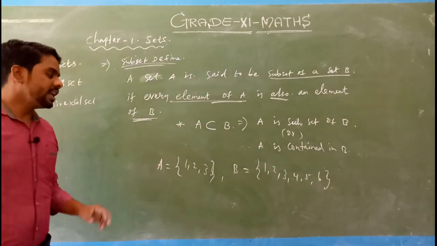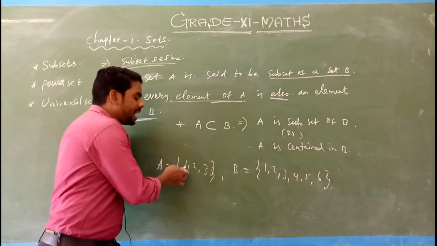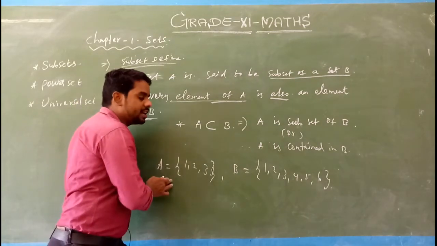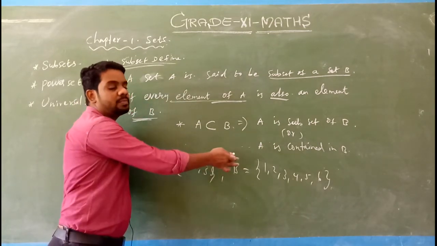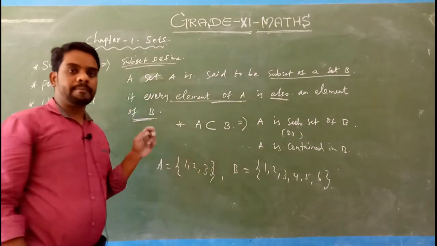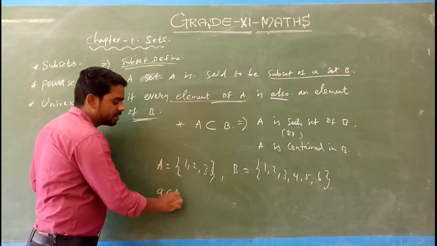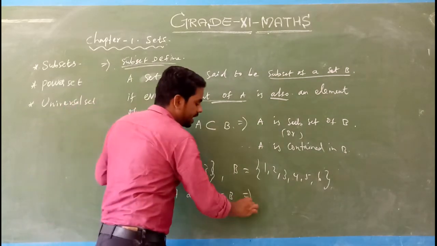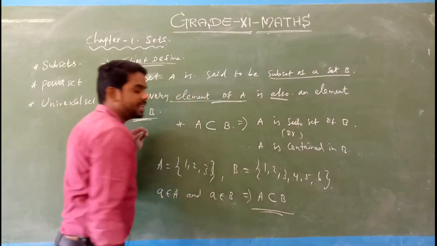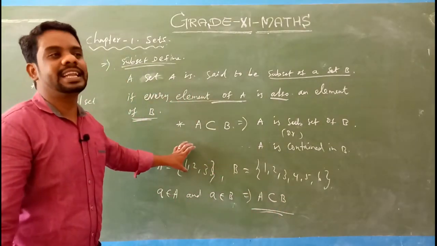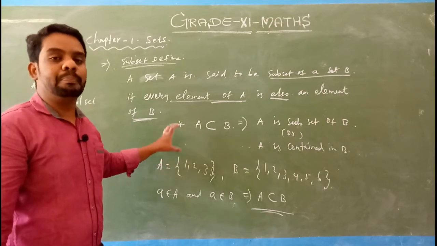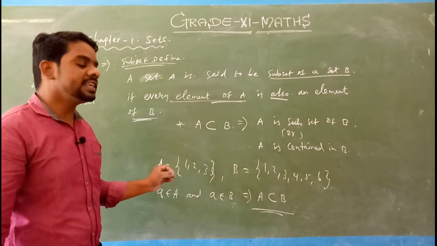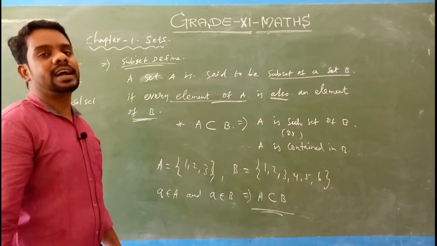So let's illustrate. Here, every element of A, which has 1, 2, 3, belongs to the set B. So 1 belongs to A, and 1 also belongs to B. 2 belongs to A, 2 also belongs to B. 3 belongs to A, and 3 also belongs to B. Each and every element of A belongs to B, which implies A is a subset of B. Here B is a superset, A is a subset.